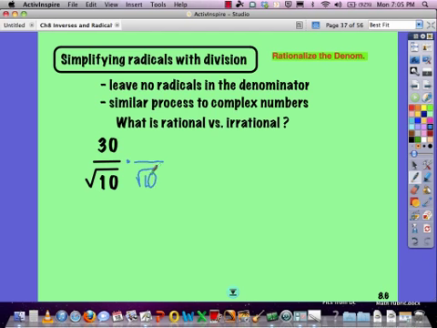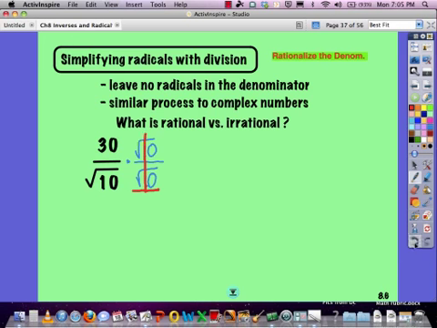Now, if I multiply by radical 10, I'm going to have to do that up top also, so think of the problem as top and bottom. And I think we did this before, but now we're looking at, really, we have a fancy form of 1 sitting there. And that fancy form of 1 is called, or part of the process called, rationalizing the denominator. So we've got a radical 10 there. We want to multiply by radical 10 over radical 10.